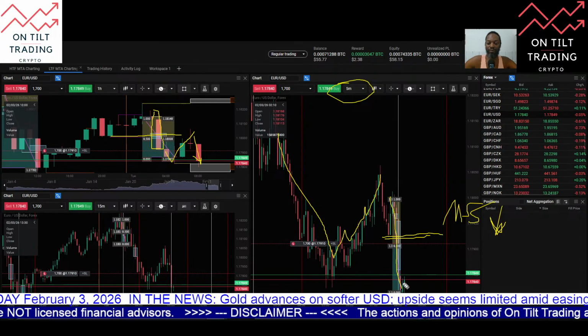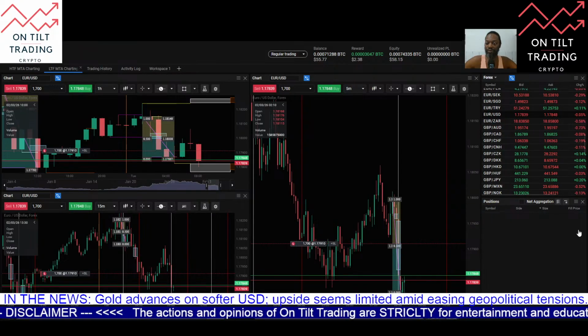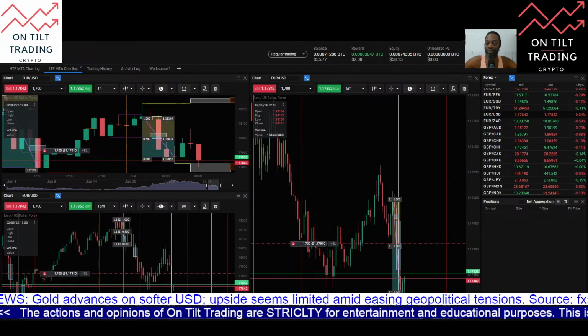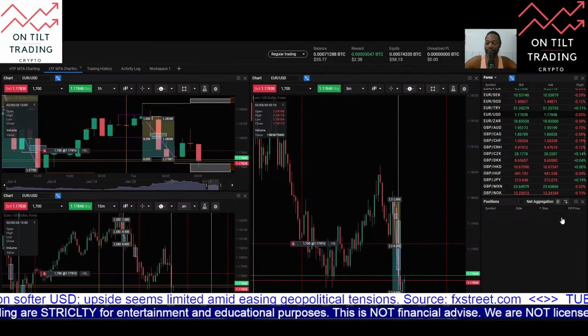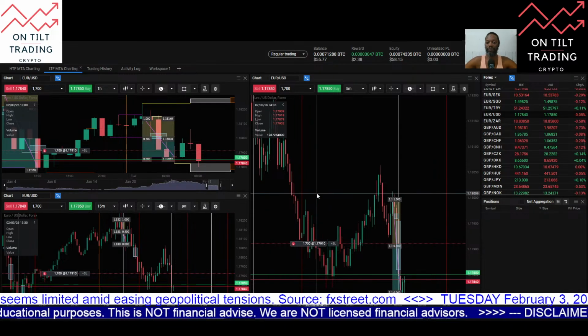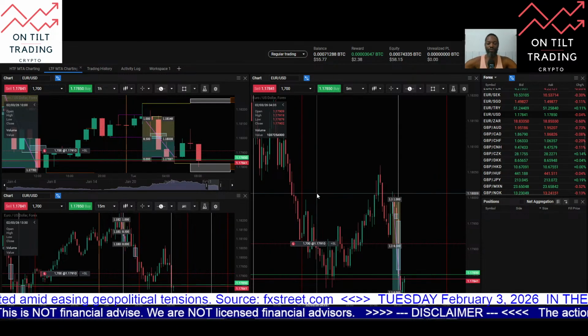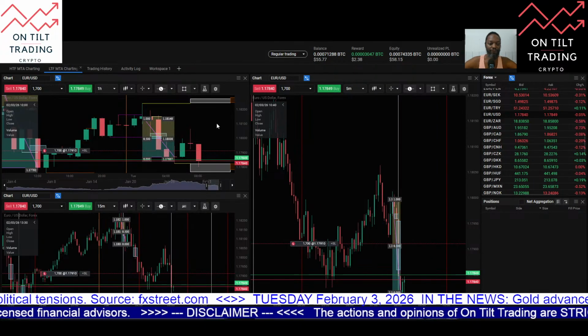So waiting for a pullback to come to equilibrium here of the price leg in order to take an entry potentially. So seeing the same setup here on Euro USD and GBP USD.